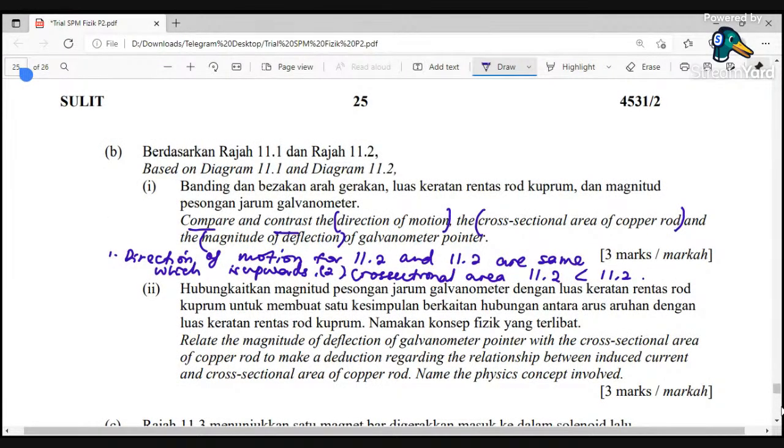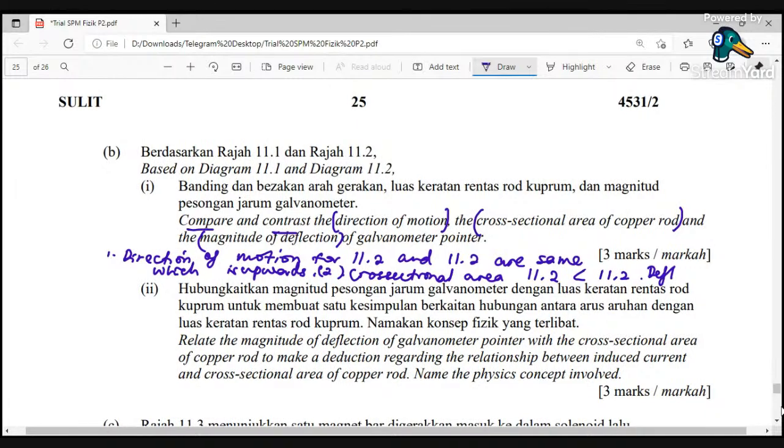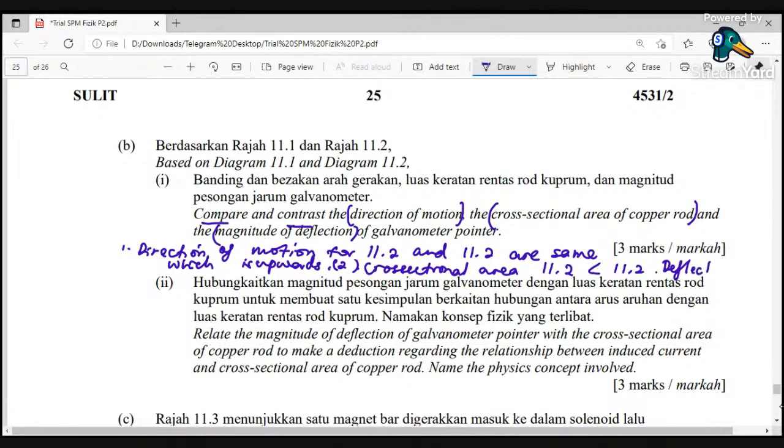Okay. Deflection in 11.1 is smaller than 11.2. Okay, jadi ada tiga benda di sini ya. Tiga, so saya tak cukup ruang. You all boleh tulis di ruang jawapan ataupun kertas jawapan yang lebih besar yang disediakan.